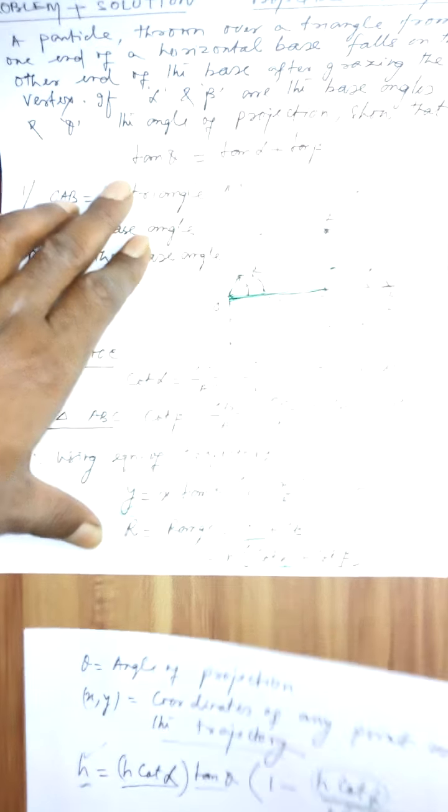So I have h times cot alpha plus cot beta. So now let us solve this, and this will lead to the solution. So h cot alpha tan theta, I take LCM here, h times cot alpha plus cot beta. So this comes here, h times cot alpha plus cot beta minus h cot alpha. Now look, this h remains same here, h cot alpha remains same here, tan theta remains same here.